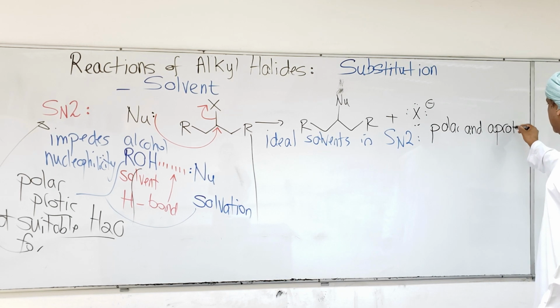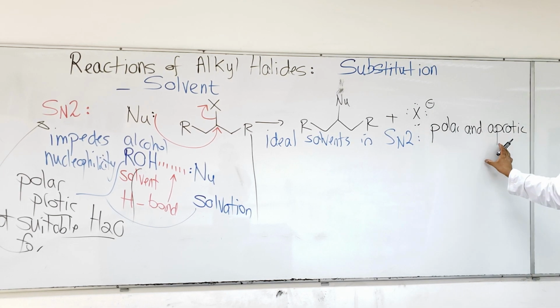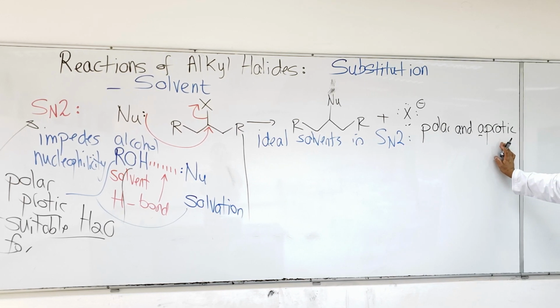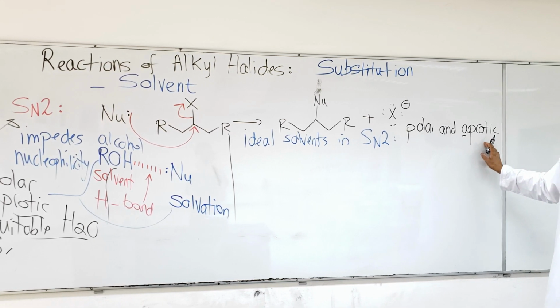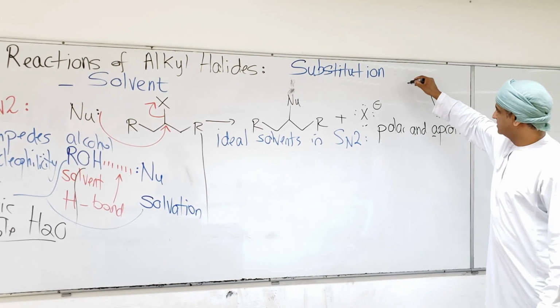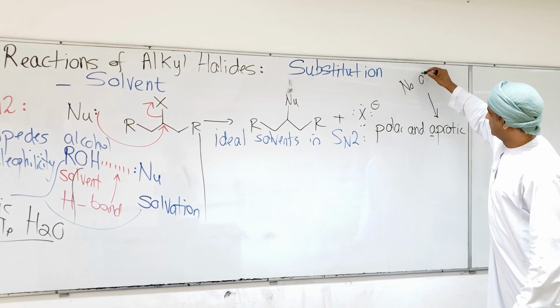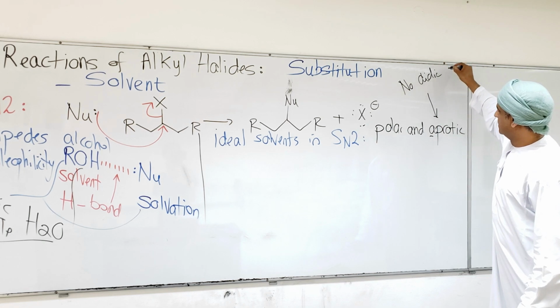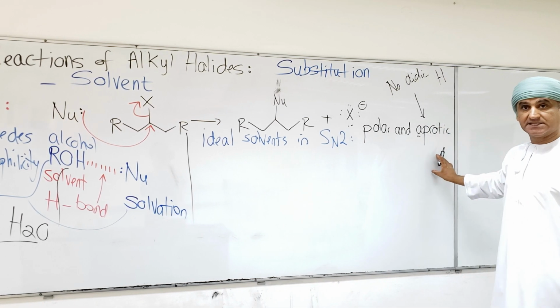Polar and aprotic, where A means not, like chiral, achiral, so not protic, which means they don't have an acidic proton.